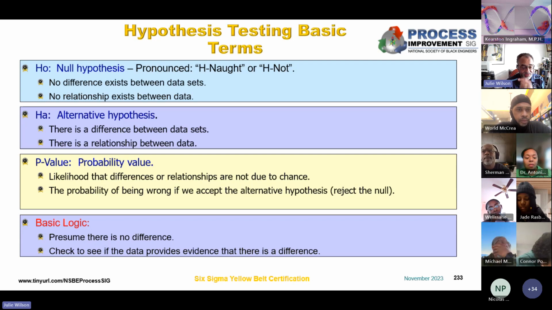So it's defined as the probability of being wrong if we accept the alternate hypothesis, which is a roundabout way of saying that the p-value is the probability of being wrong if we reject the null hypothesis. And remember, the null hypothesis means that all things are equal, there's no relationship. So the p-value is the probability of being wrong if we reject the fact that temperature doesn't have an effect on waste.